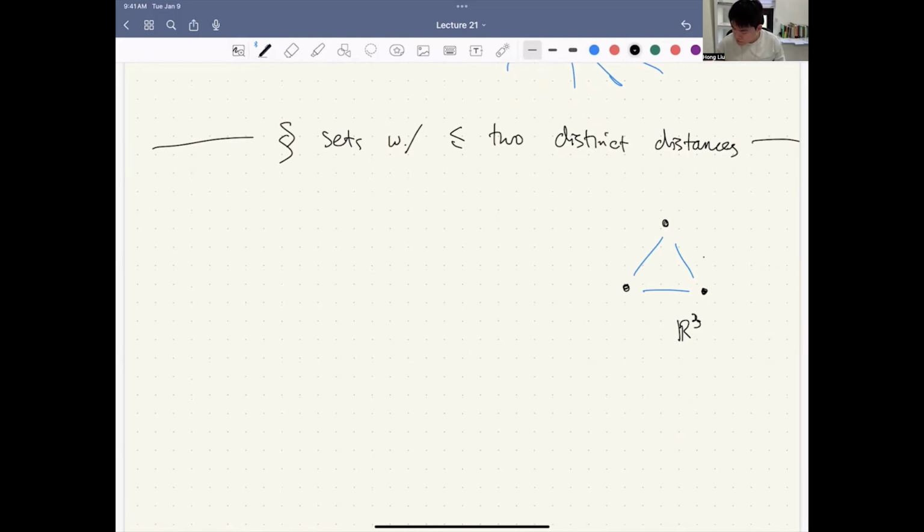R3 case, if I draw maybe like this, such that the pairwise distance is exactly the same. So only one distance.